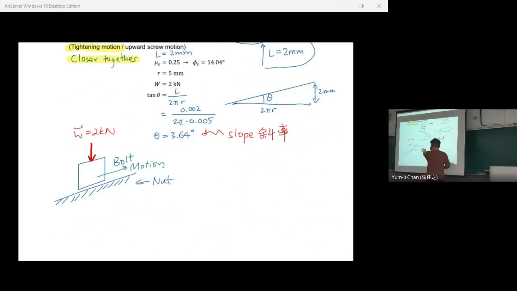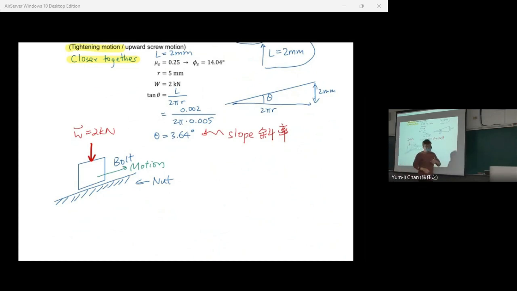Of course, we still need to draw other forces. We have 2 kilonewton going to here, and because it's a tightening motion, the motion is going opposite to W.